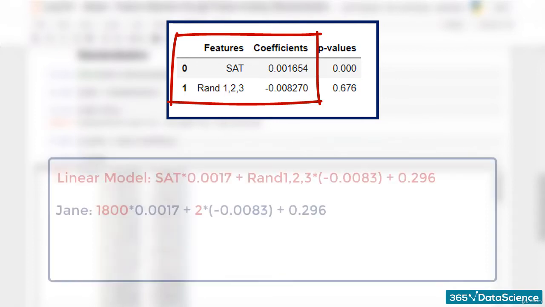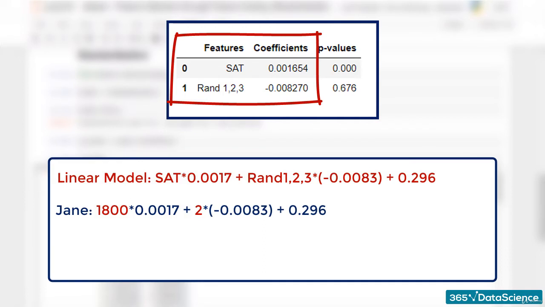For instance, if Jane had 1800 on the SAT and the random number assigned to her was 2, then her expected GPA would be 1800 times 0.0017 plus 2 times minus 0.0083 plus the intercept.